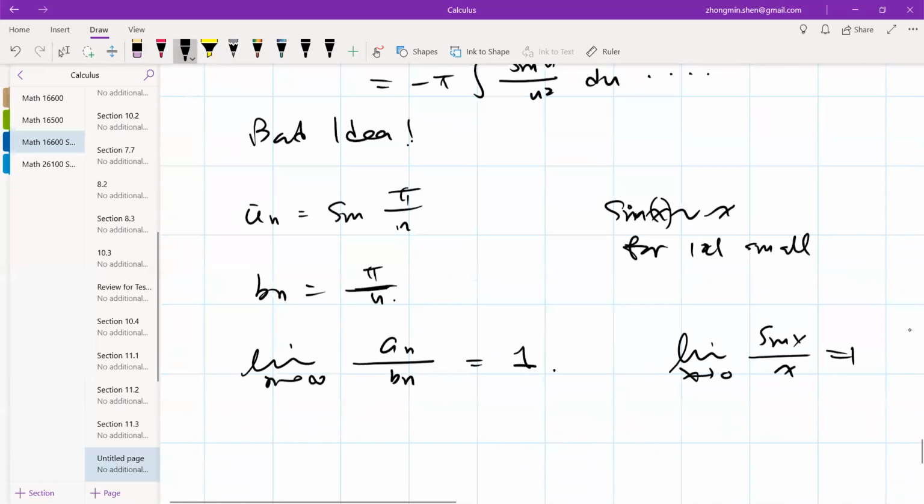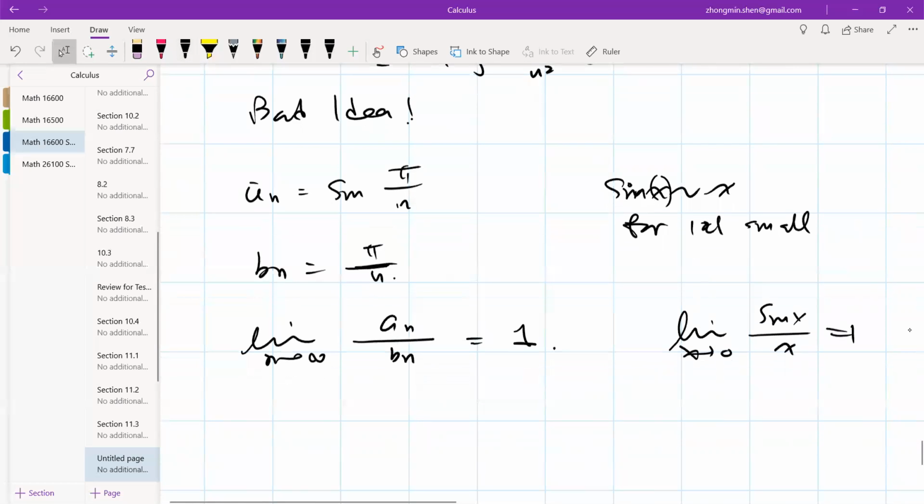Okay, right. So now you know what I'm doing. Use the limit comparison test. However, this is divergent. Why is it divergent?